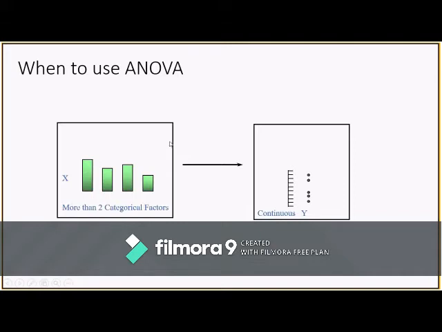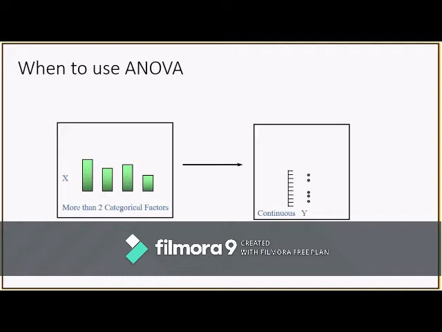Now maybe you will have a question: what if you have two categorical factors? If you have two, then you have to use the two-sample t-test hypothesis test. If you have only one categorical factor and you are comparing it with some particular reference value, then you have to use a one-sample t-test. I assure you, in my coming videos, I will also share the two-sample t-test, the one-sample t-test, and all these things.